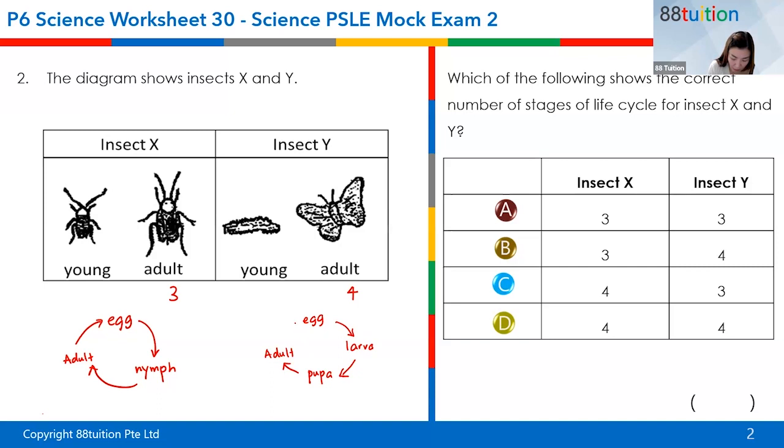Very good. Now, very quickly, if I were to recall with you, you have egg, you have larva, you have pupa, you have adult. Which stage is the one that it doesn't eat? Good questions. Very good. So this is the stage where it doesn't eat, right?